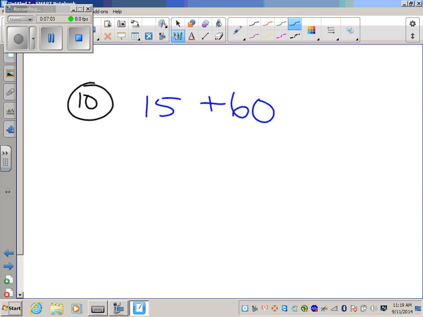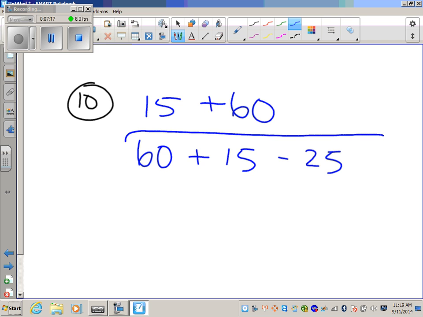So 15 more than 60 is going to be what? 60 decreased by 25. Kayla? There it is. That's what it looks like. I don't care that the final answer is 50. I want to know, what does the expression look like?